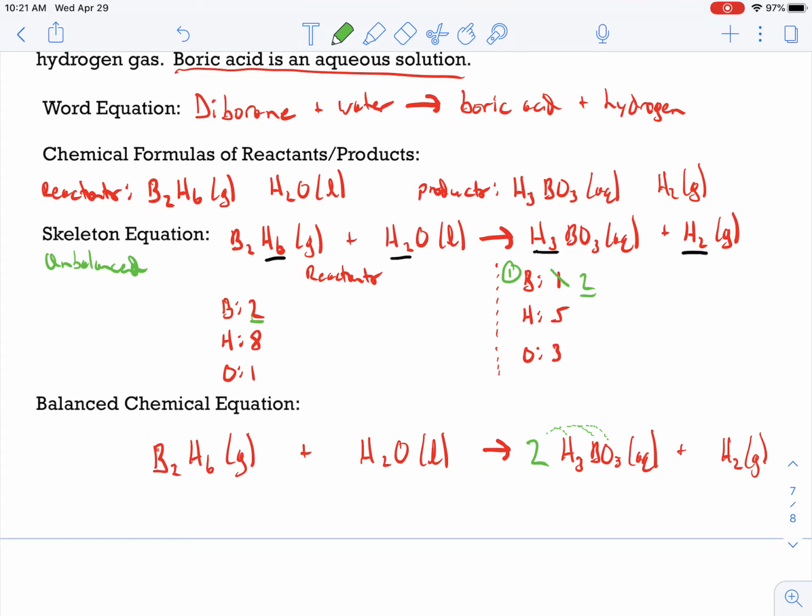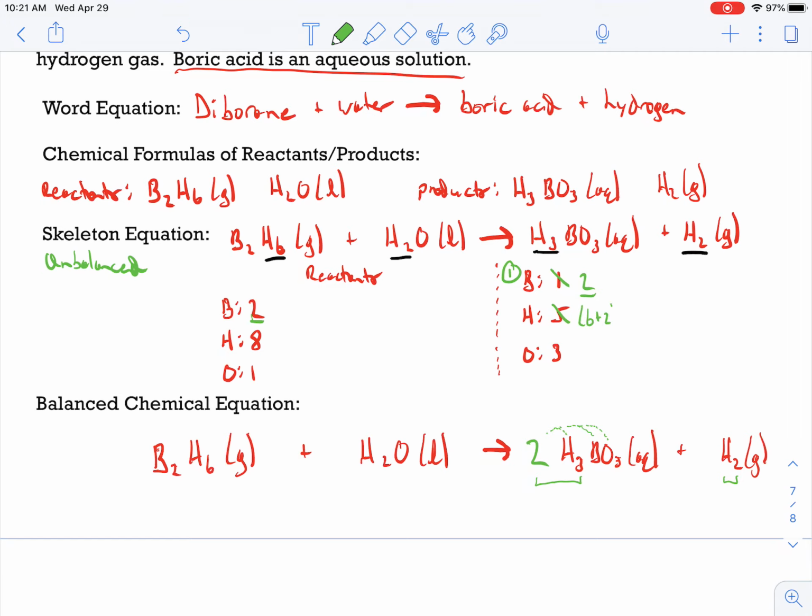What we now have is 2 times 3, which gives us 6 hydrogens just from our boric acid. We also have to take those 6 hydrogens and combine them with the 2 we have in our H2 gas. So from here we're going to have 6, from here we're going to have 2.